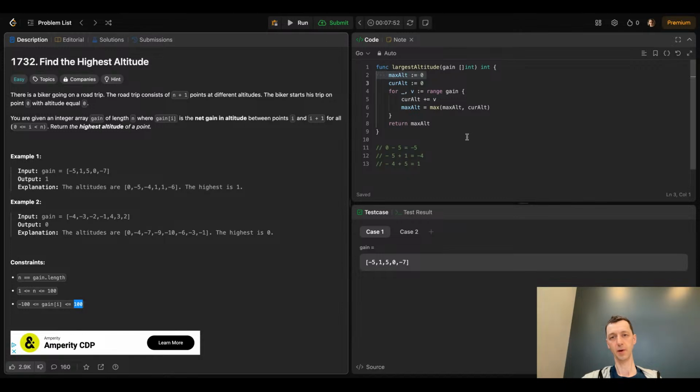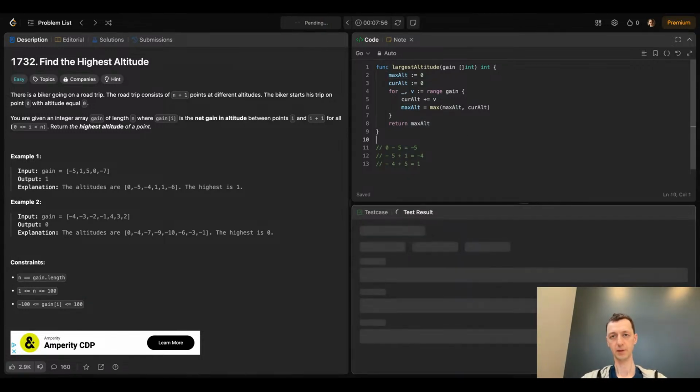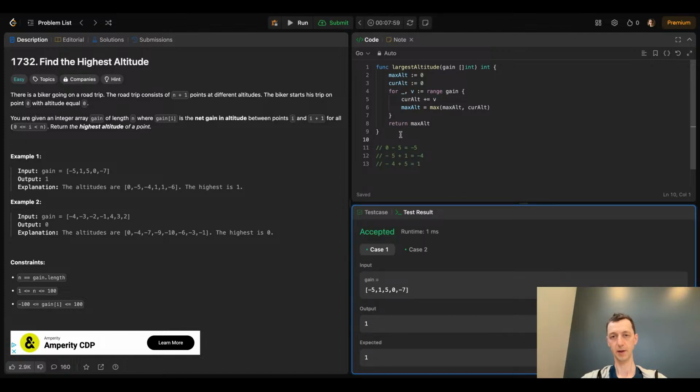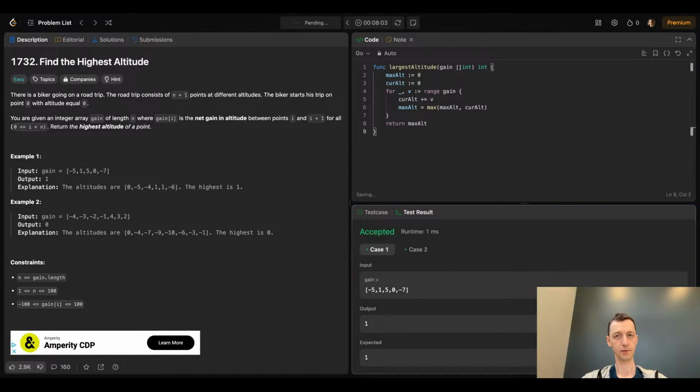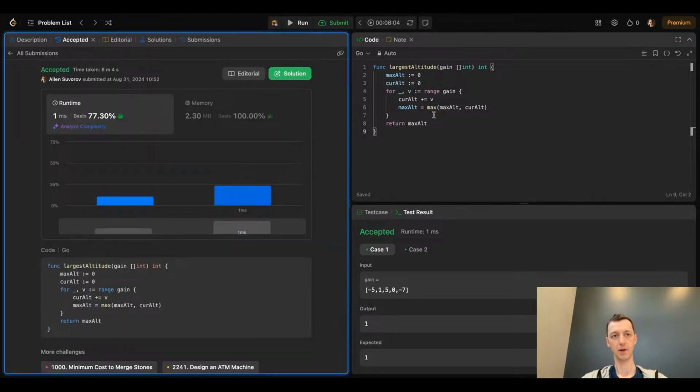Okay, so that should be working. Let's test run it. Yay, it works. So let's run the full test. Yay.